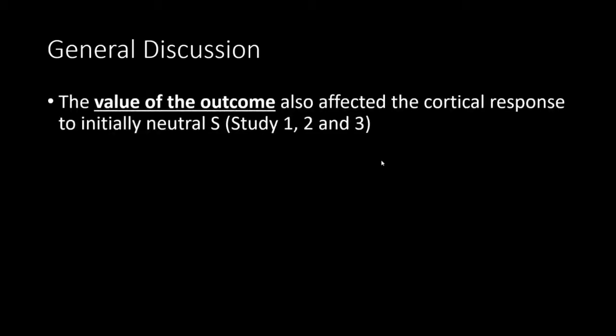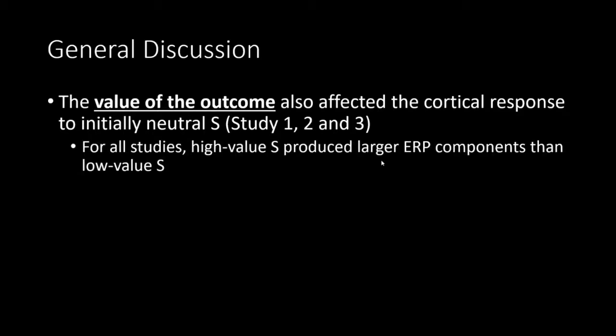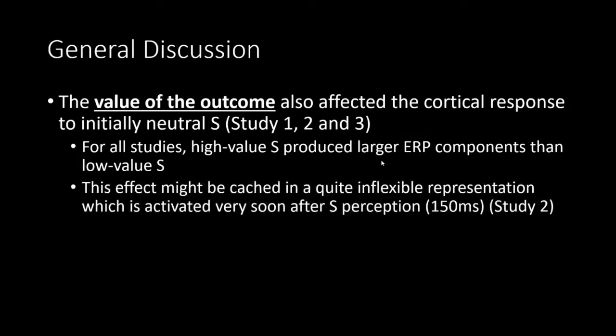Also, the value of the outcome affected the cortical response to these stimuli. In all the studies, high-value stimuli produce larger ERP components than low-value stimuli. In the second study, we showed that this effect can take the form of a habitual thing, can be activated very rapidly in a very inflexible way.